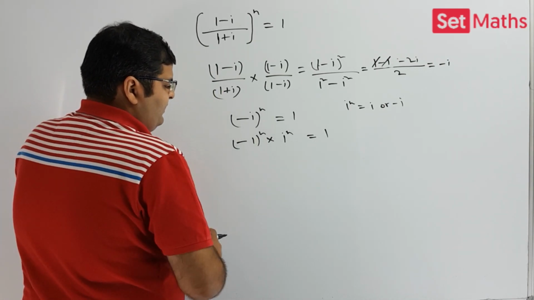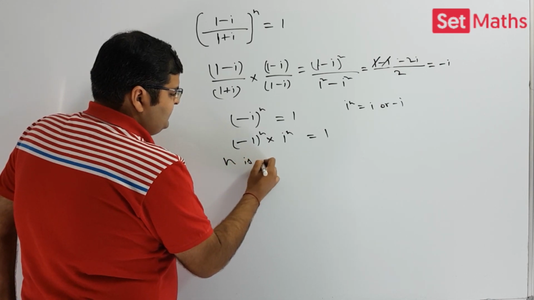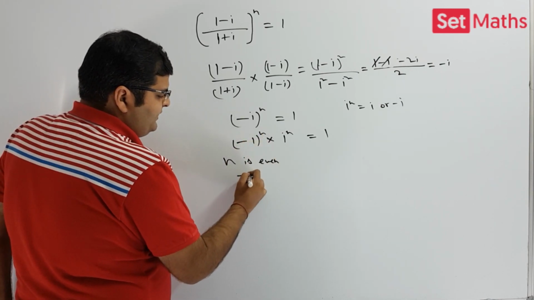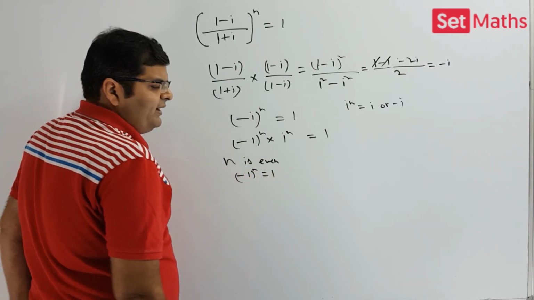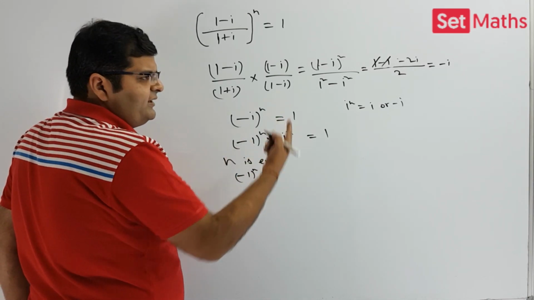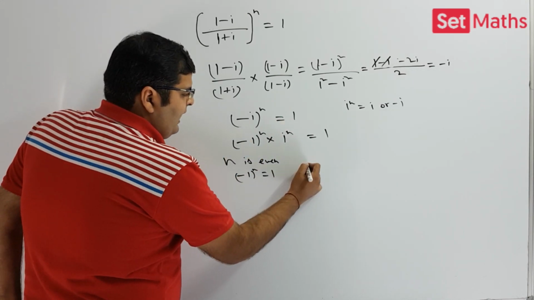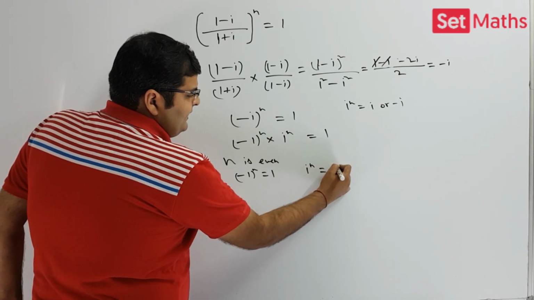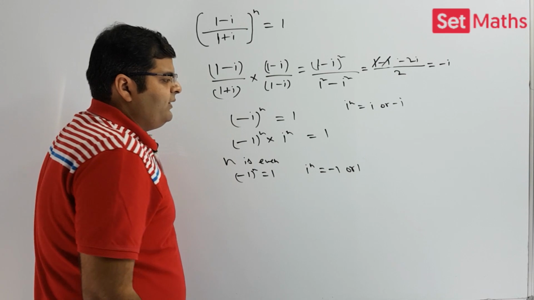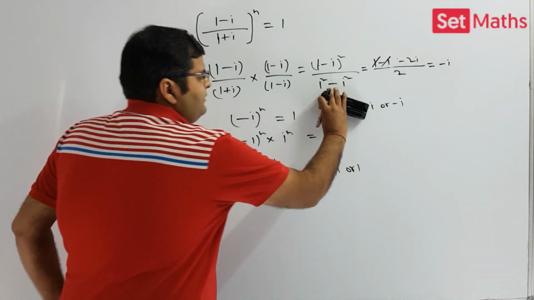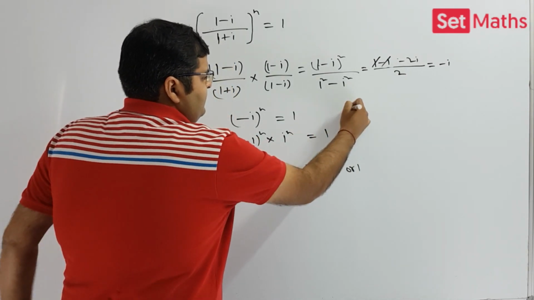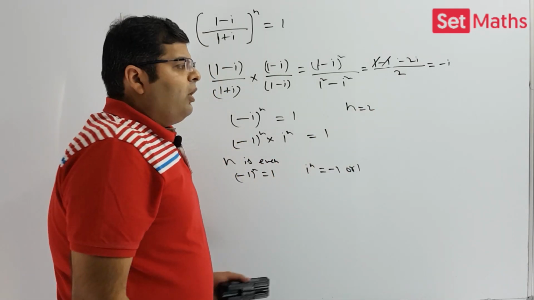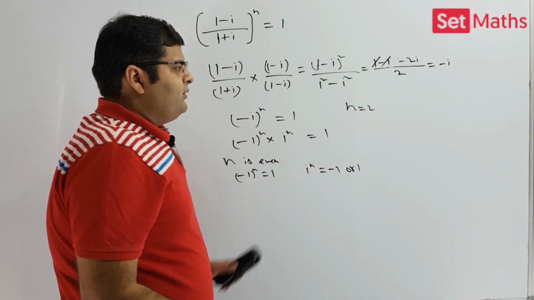But when n is even, in the even case, (−1) raised to n will be equal to 1, because minus 1 raised to an even number is 1. i raised to n can be equal to minus 1 or 1, depending on whether n is a multiple of only 2, or a multiple of 4.